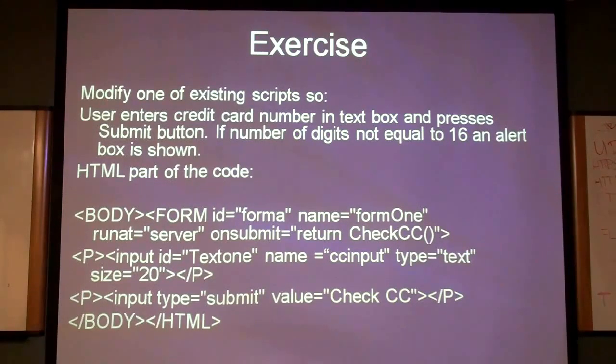Remember when we were inserting age input, you can take that code if you don't like to mangle with this one, and then essentially you have to create code which will validate the credit card number. Essentially it will check if the length of the credit card number entered is less than 16 or not equal to 16. In that case, it should show the alert box. Let's do that. That will be a very basic validation of the credit card.